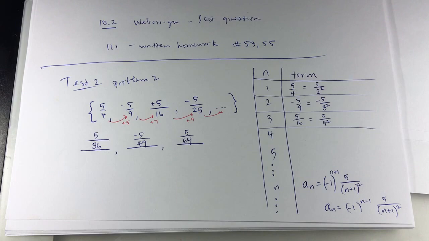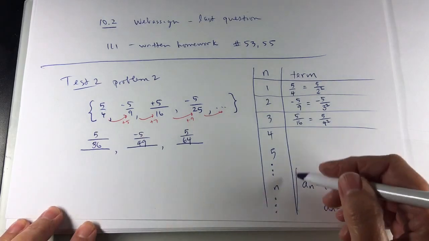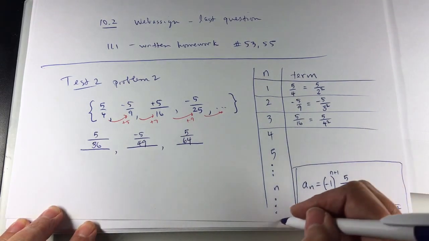When n was 1, 1 minus 1 is 0. Okay, negative 1 to the 0 is 1. If I went the other way, when n is 1, 1 plus 1 is 2, negative 1 to the second power is also 1. So I'm covered with that. Okay, so there's that question.